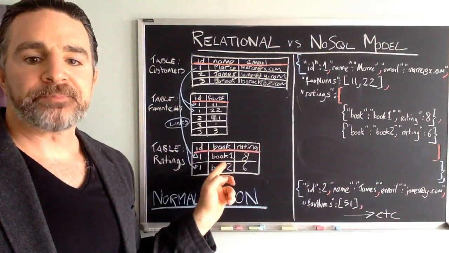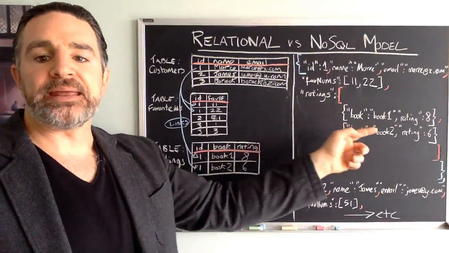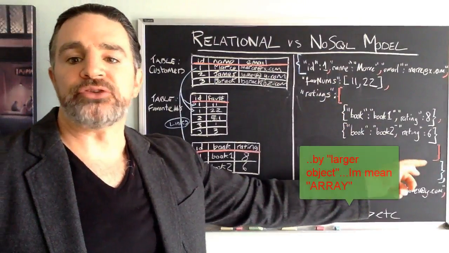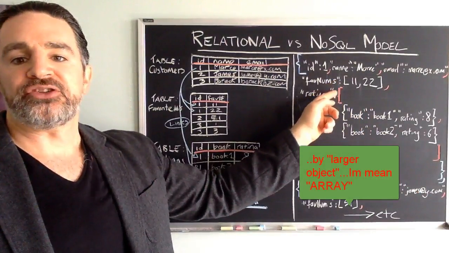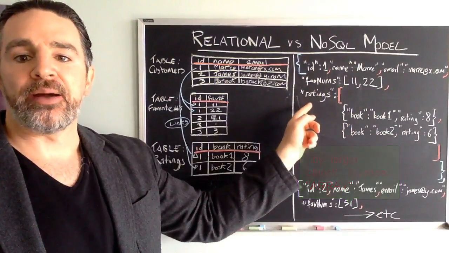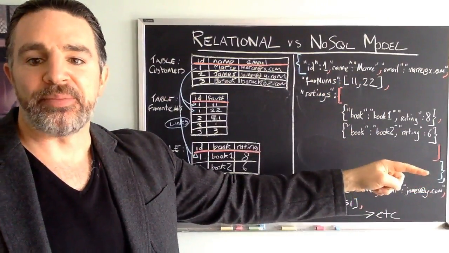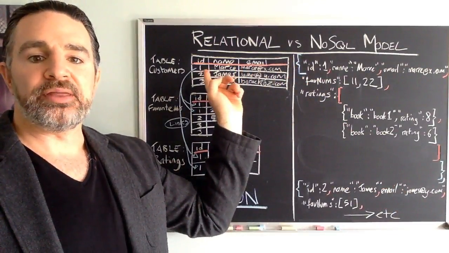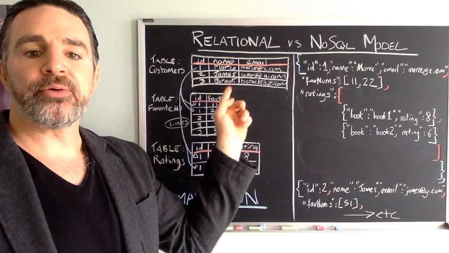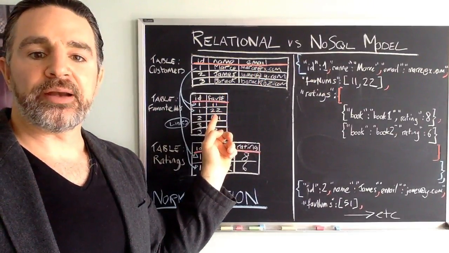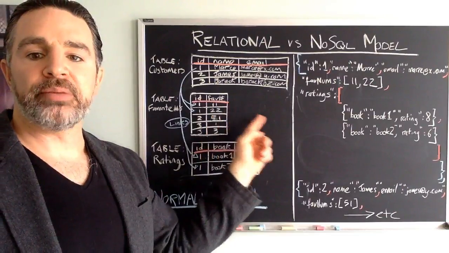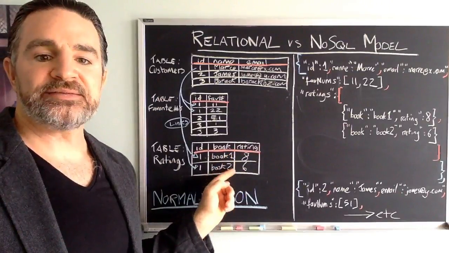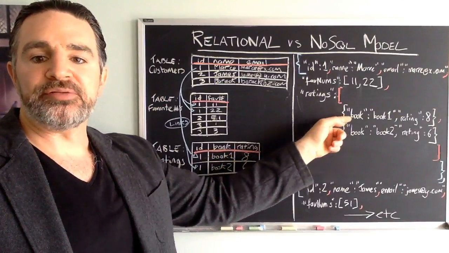So I'm capturing this data here by embedding 2 objects within a larger object, which is a value of a key value pair within my documents. I hope that makes sense. Now you can see here, so now I've covered the 3 fields from the customer table. I've captured the 2 favorite numbers from the numbers table, and I've captured the 2 ratings from the ratings table using an embedded object.